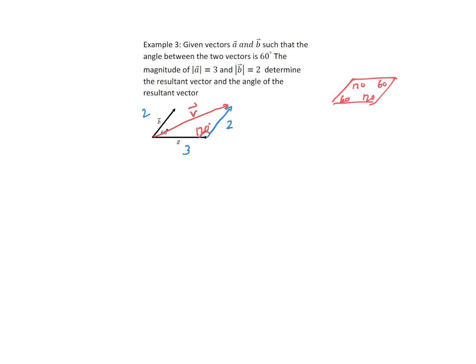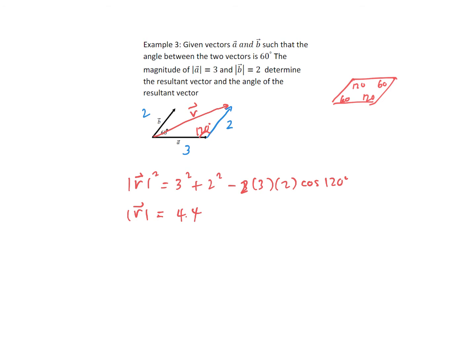And then we'll use our cosine law to find the magnitude. So it'll be 3 squared plus 2 squared minus 2 times 3 times 2, and then cosine of the angle in between, which is 120. I'll do all that calculation, square root at the end, and it works out to be 4.4.